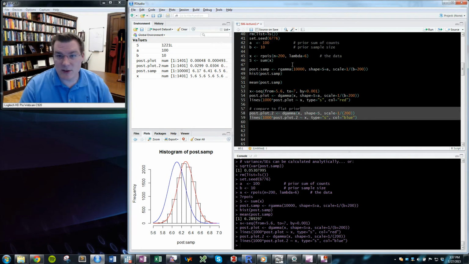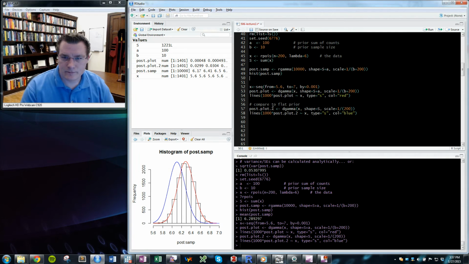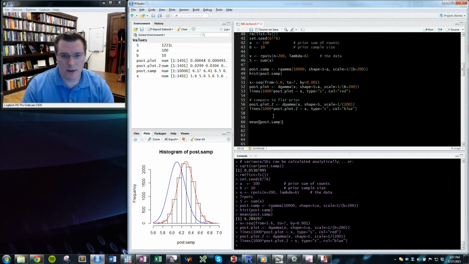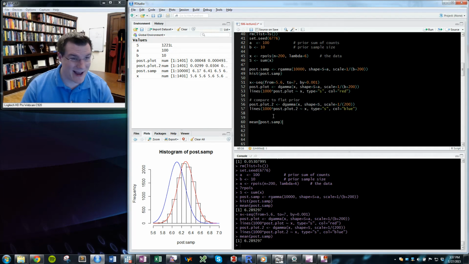So if I want to calculate that, that's my posterior informed estimate of the mean count of events per observation that I should expect given my experience with this data.